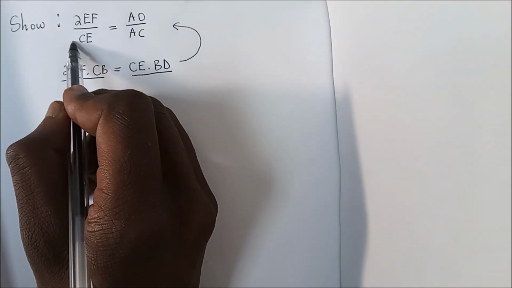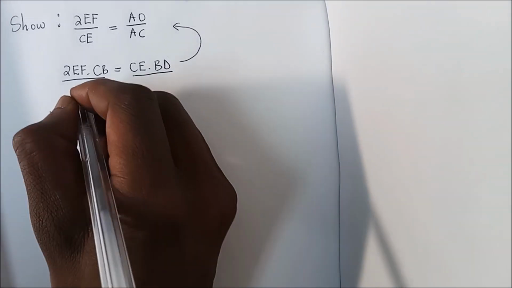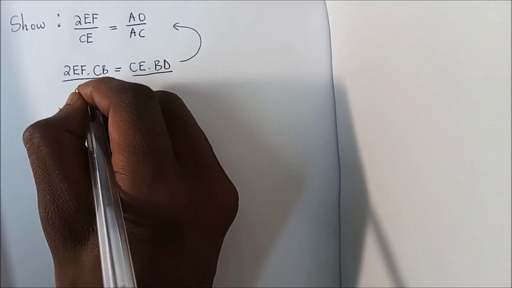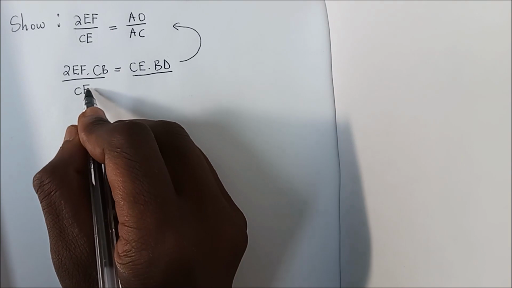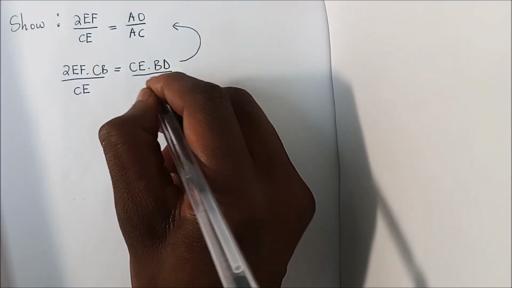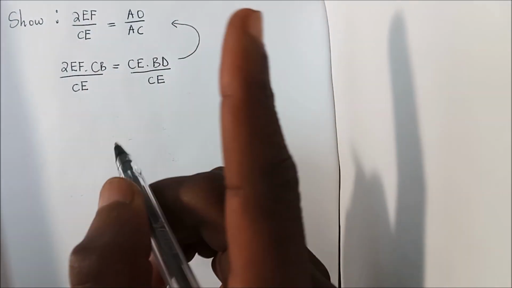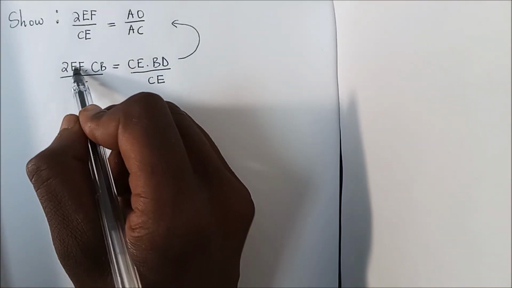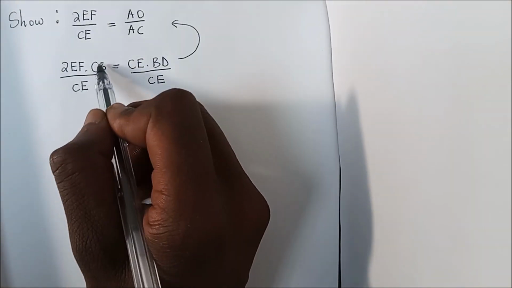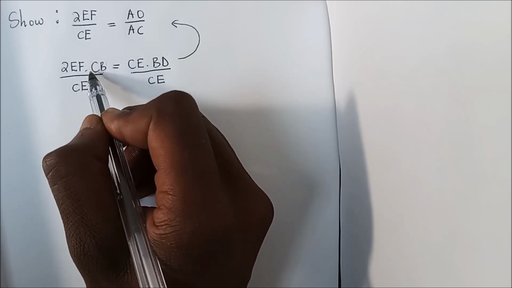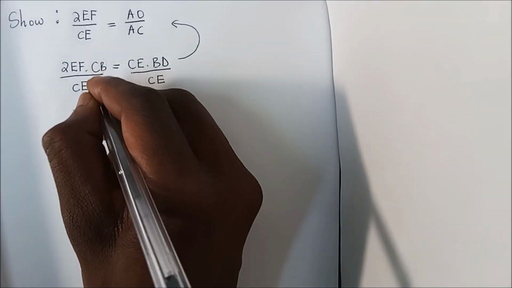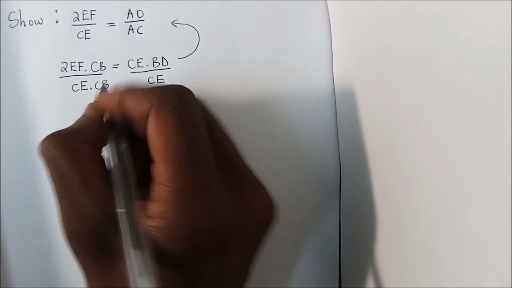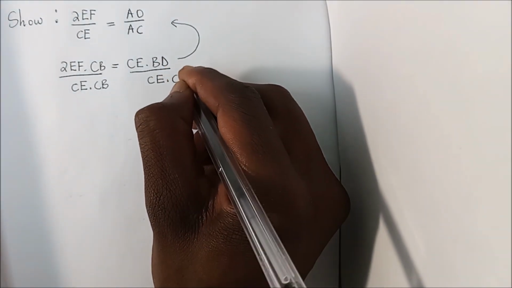Are you aware you have CE as a denominator there? So that means even here, you must have CE as a denominator. What you do on the left, you do on the right. So now check. We can get 2EF over CE, but the problem now is CB. So that means you have to multiply by CB. What you do on the left, you do on the right.